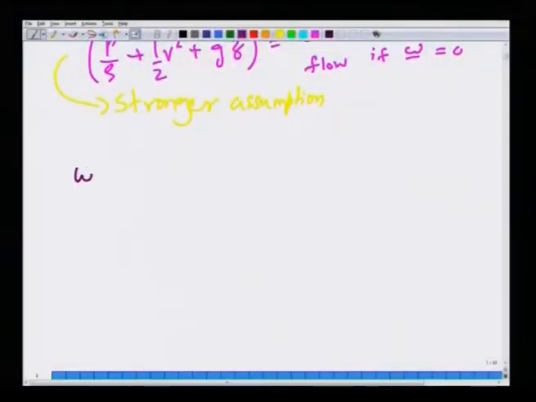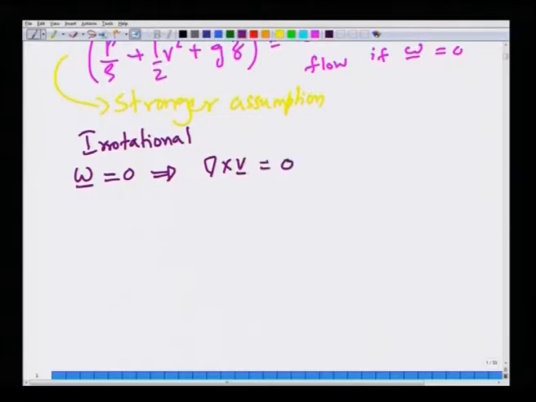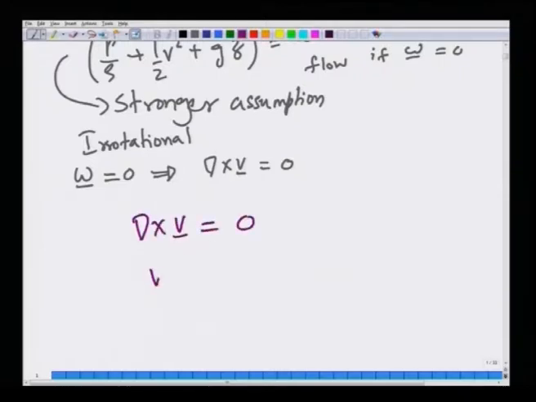So, when you assume the flow is irrotational, it implies del cross V is 0. Whenever the curl of a velocity vector is 0, then we can write V as the gradient of a scalar potential.